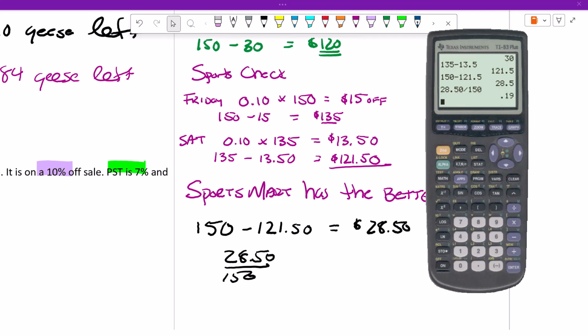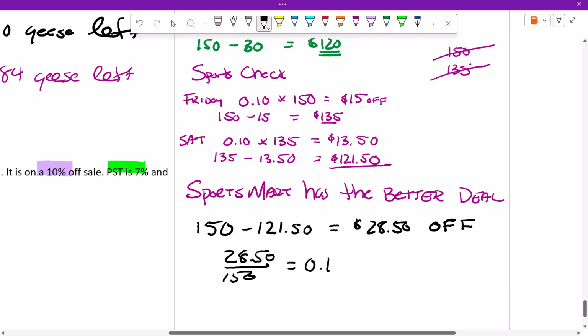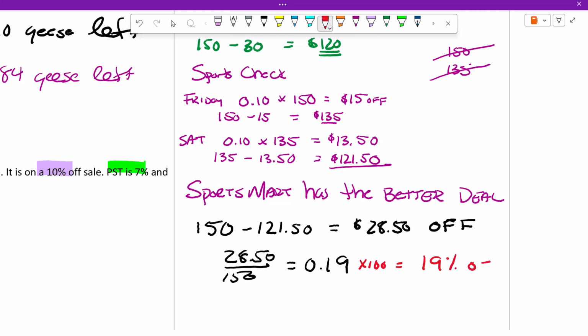That's saying it's 0.19. So that's not a percentage. All right? And so we have to times it by 100 to get a percentage, right? So this is the same thing as saying times 100, 19% off. So SportsMart is giving you 20% off, and Sports Check is giving you 19% off. One extra percent difference there. Does that make sense a little bit there?